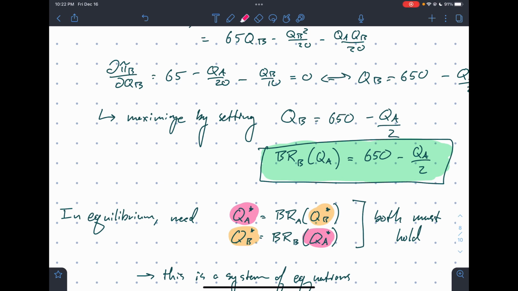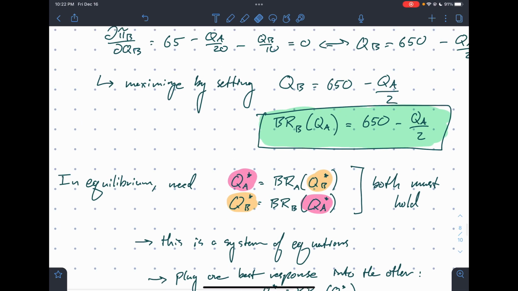What we're going to do is plug one of these best responses into the other. This is essentially a system of linear equations. We're going to plug one of these functions into the other and then solve for the resulting quantity.